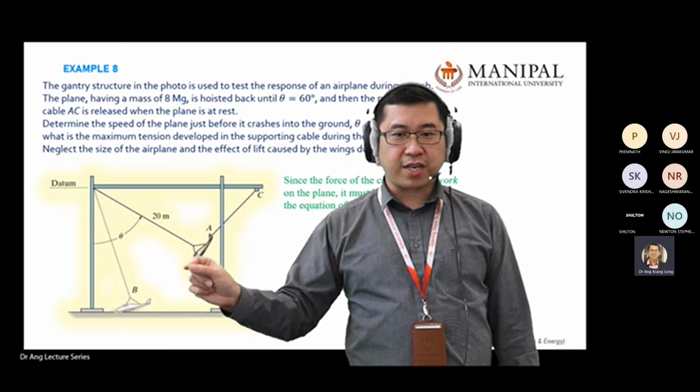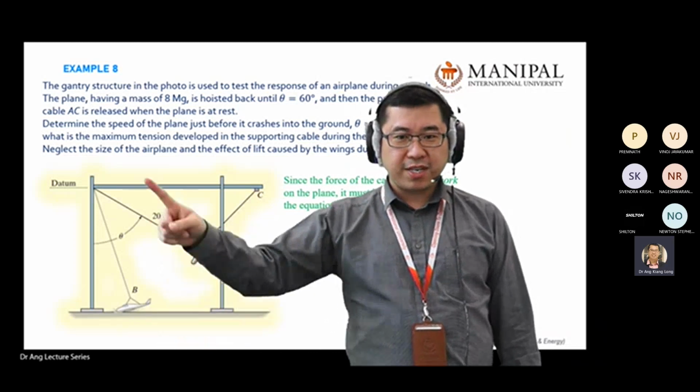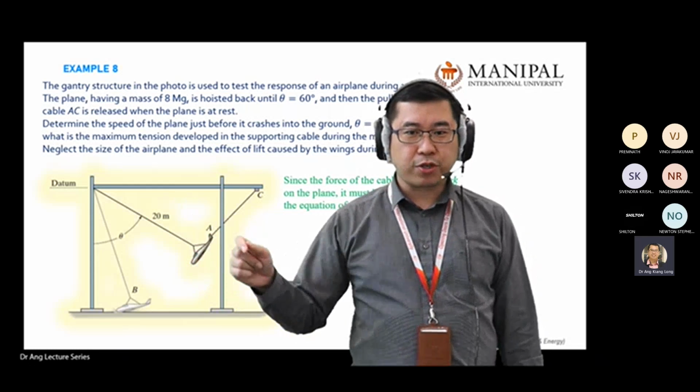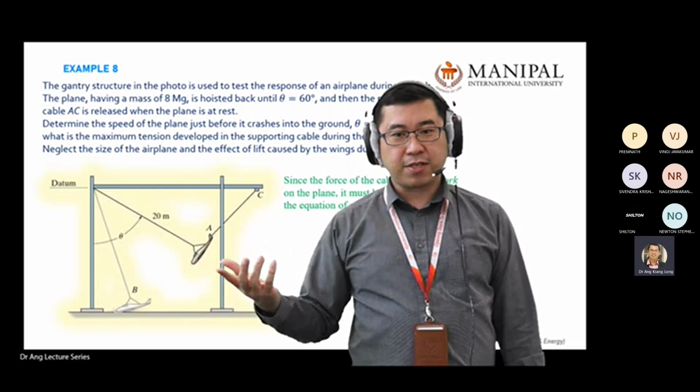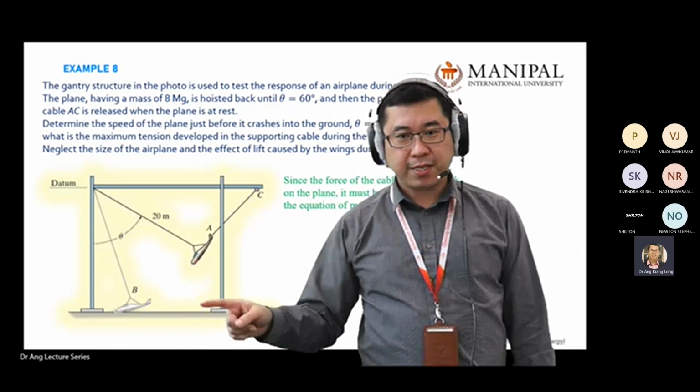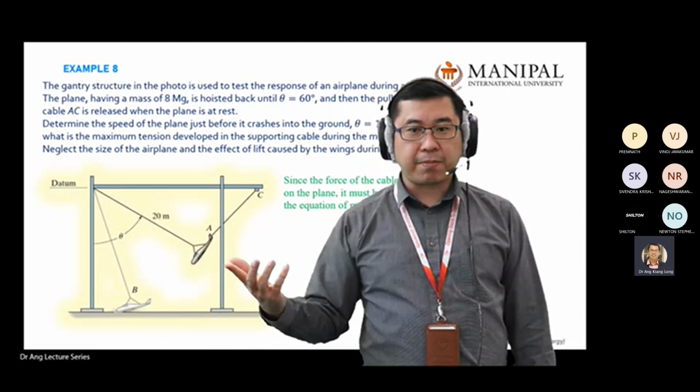Although the plane swings, this cable does not elongate or become shorter. So this cable doesn't do any work, right? Although it swings from one place to another, the length is still the same.